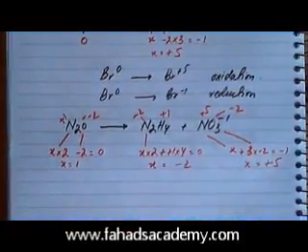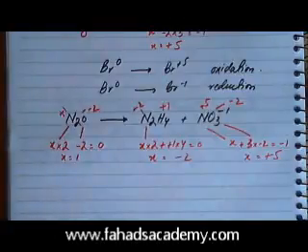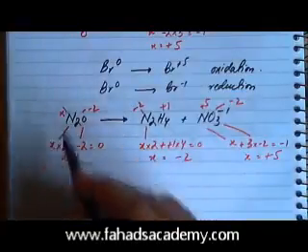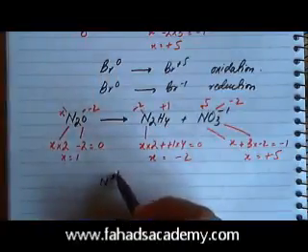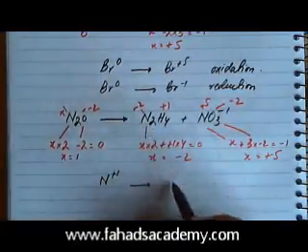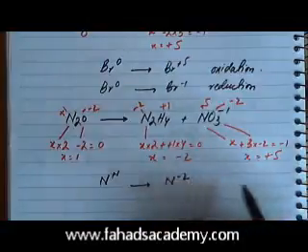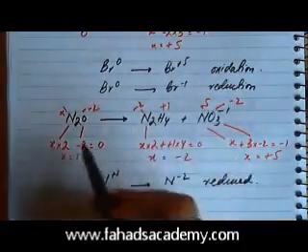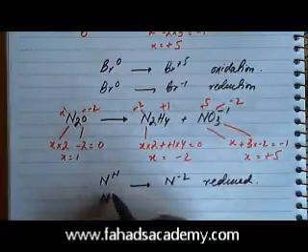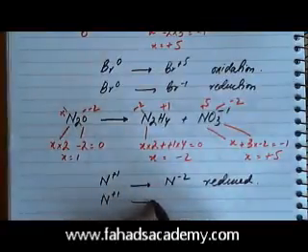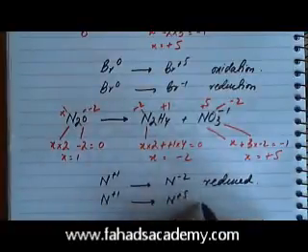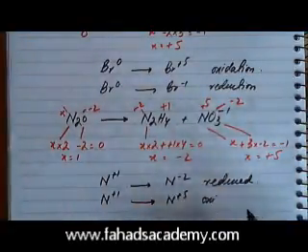If you carefully observe this equation, nitrogen again is going from plus 1 to minus 2 over here. So it is getting reduced. But the same nitrogen, which is plus 1, is also getting converted into N plus 5, which is an example of oxidation because the oxidation state is increasing.